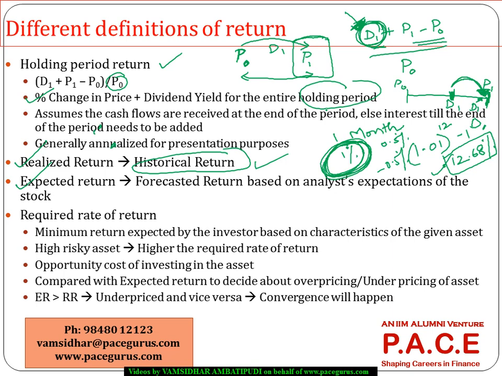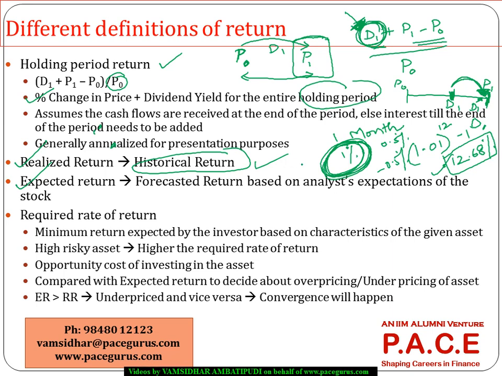And the same thing when I am projecting for the next period, based on the security's expected performance and the understanding of the business of that particular company, if a return or a price is predicted for the next year, we call that kind of return an expected return.